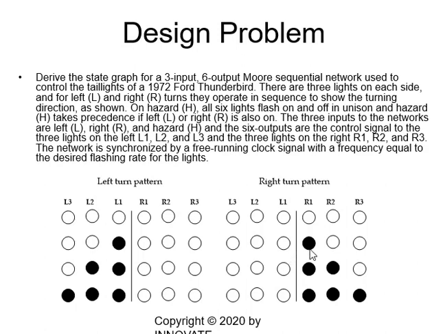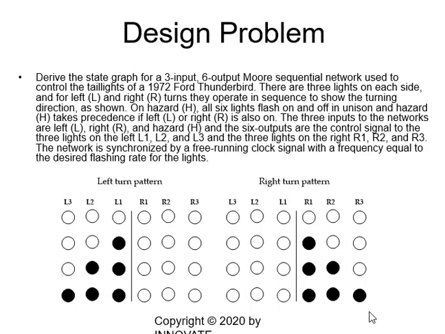We start with right 1, then right 1 and right 2, then lights right 1, right 2, and right 3 will be on. Then we start again with R1 on, then R1 and R2 on, and so on. You go cycle and cycle until the right input signal is removed.